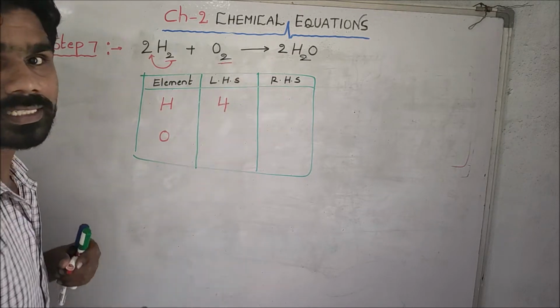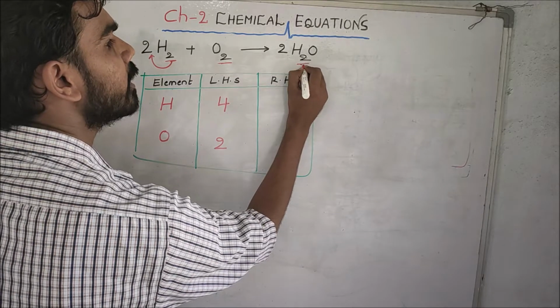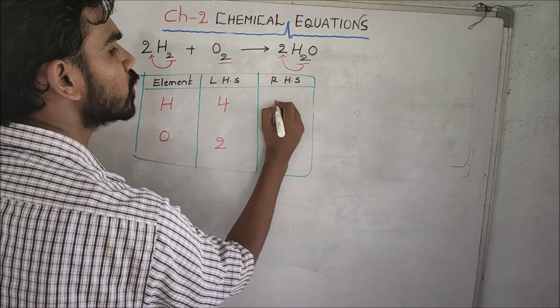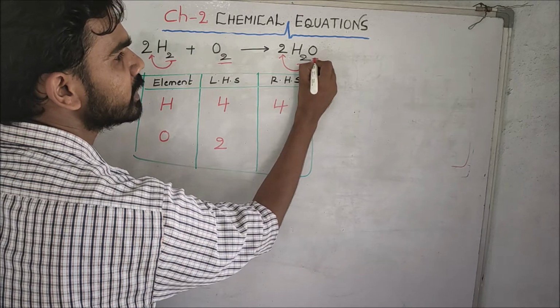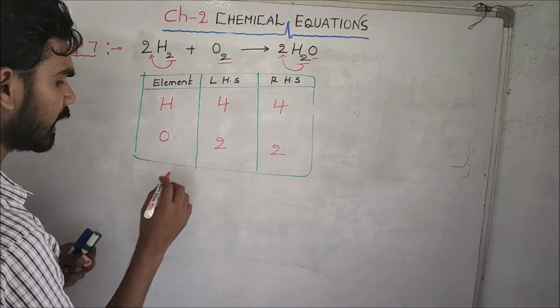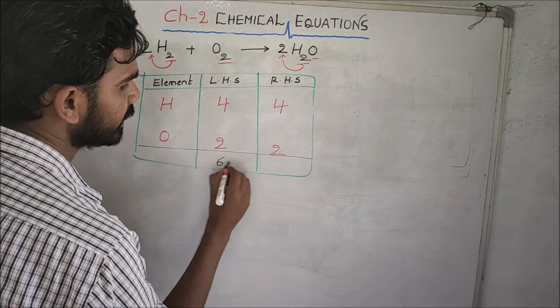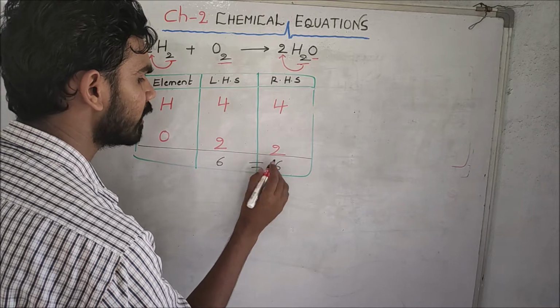How many oxygens? 2. Now on the right side, how many hydrogens? 2 into 2, 4. How many oxygens? 1 into 2, 2. Now what is the total number of atoms? 6 and 6. Are they equal?